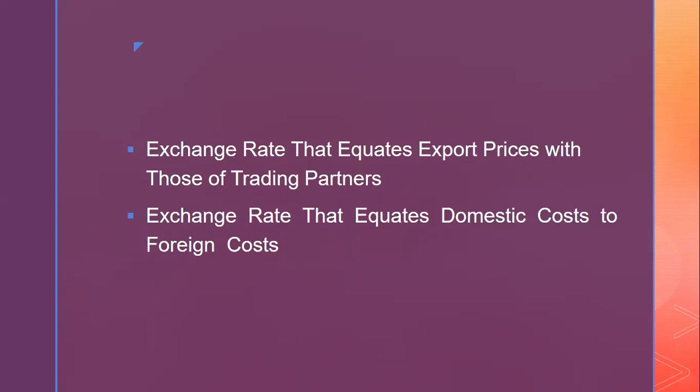So having said that, if I make the flow again of this session, in the previous session we discussed the theories. What are the theories that we can use to understand the determination of the exchange rate? Today we are going to discuss how the central bank influences the exchange rate.